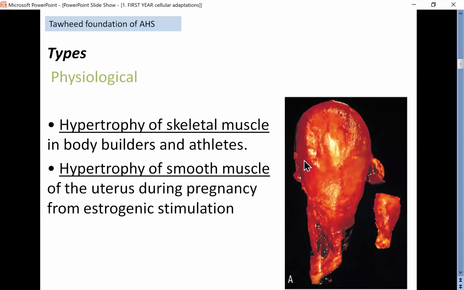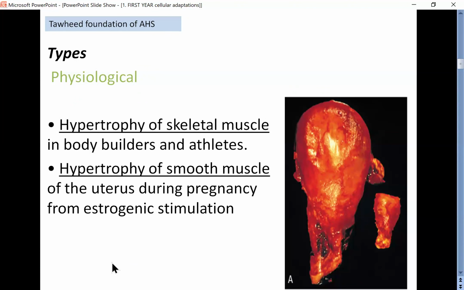Physiological hypertrophy, for example, is hypertrophy of the skeletal muscle in bodybuilders and athletes. You would have seen a lot of bodybuilders and athletes having upper arm muscles or lower leg muscles which are swollen, round, and in good shape, rather than those of a normal human being.